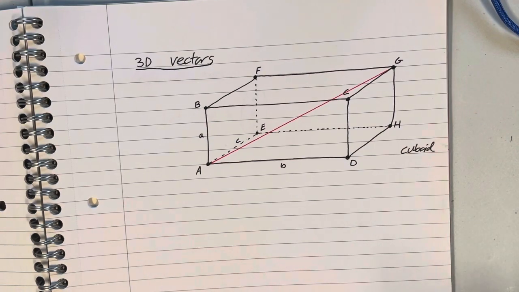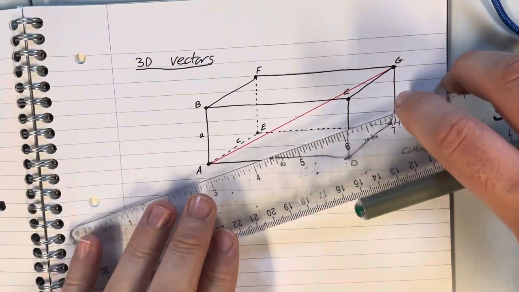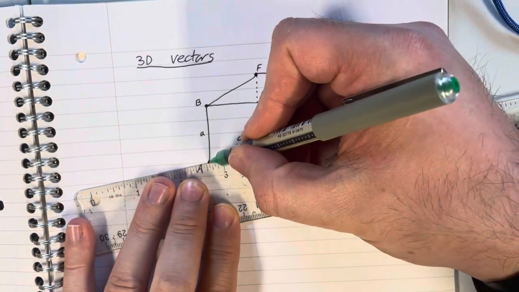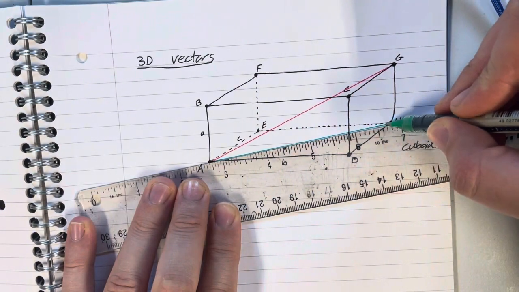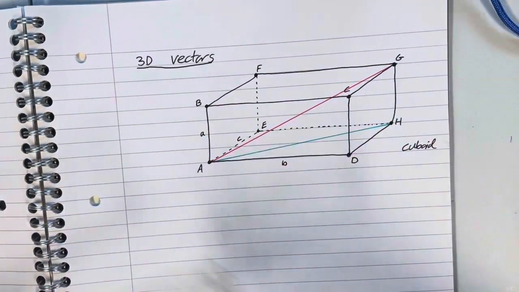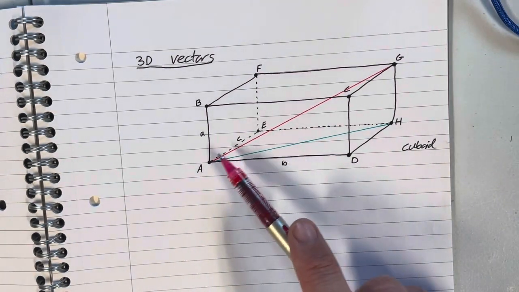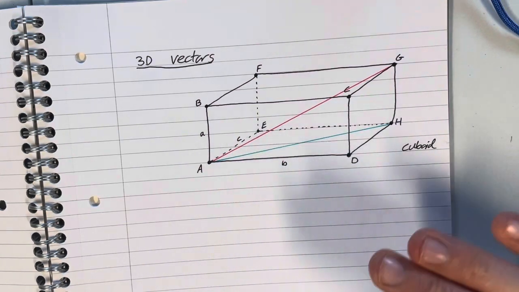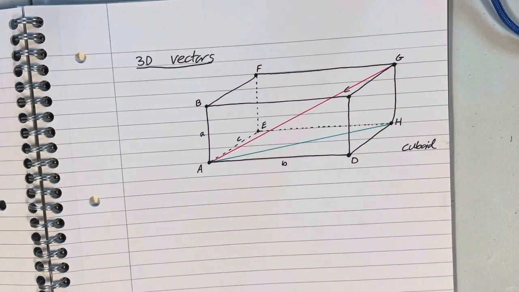Well, let's just first consider a simpler problem. Let's first of all consider this length here, AH. So AH is another diagonal, but it's not the long diagonal of the cuboid. It is the long diagonal of the rectangle AEHD, so it's the base of the cuboid.